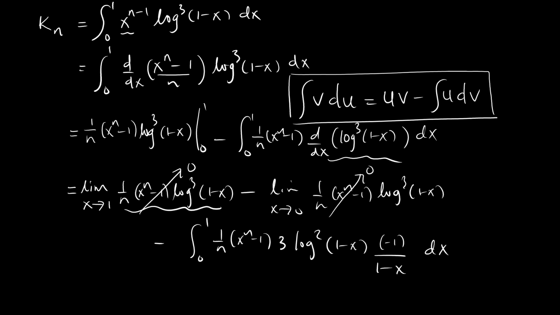And now if those first two items go to 0, we now have negative the integral from 0 to 1 of 1 over n, x to the n minus 1, we have 3 log, right.